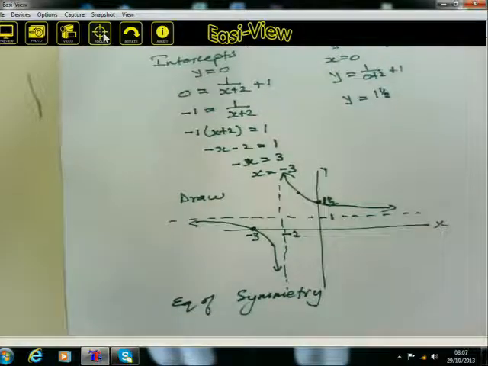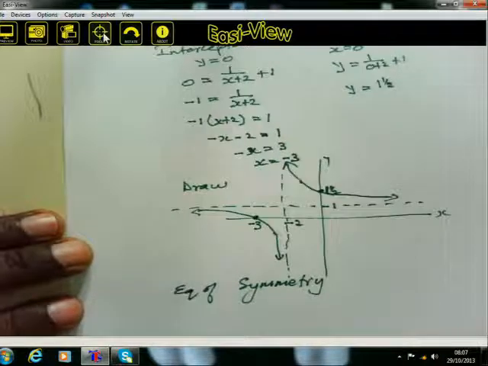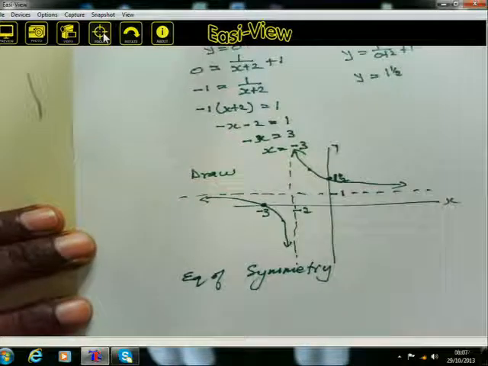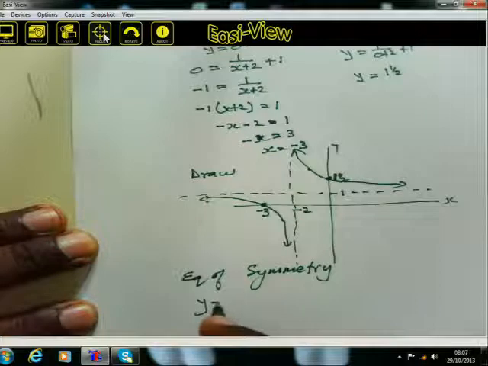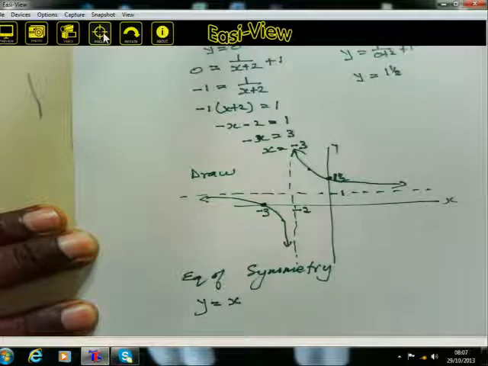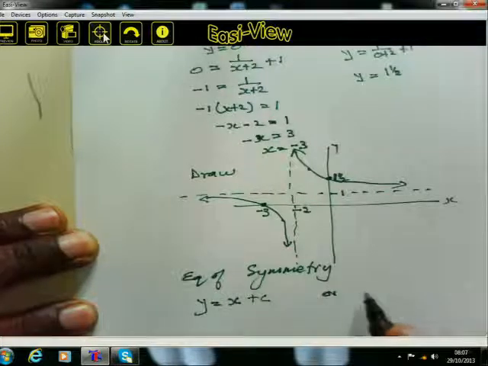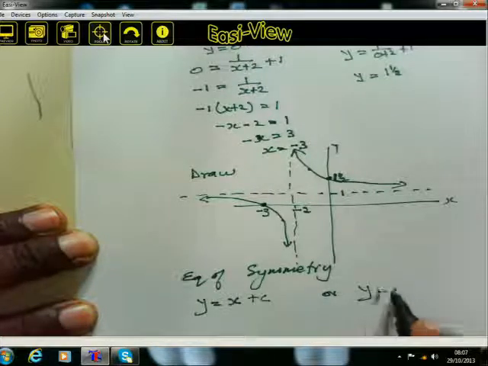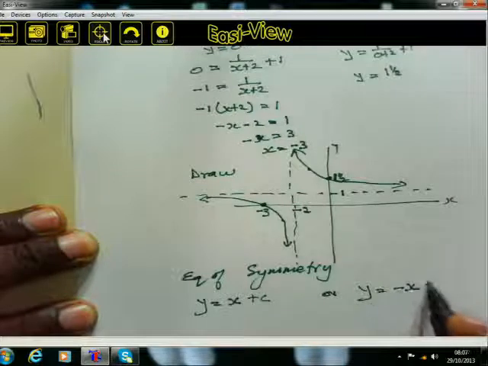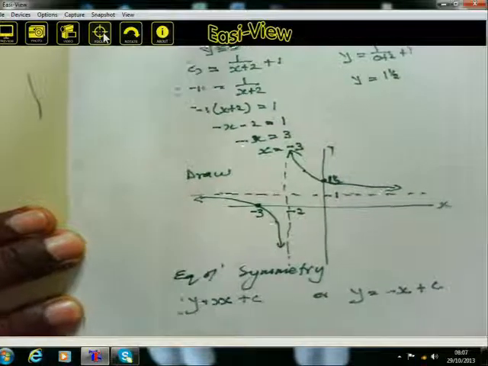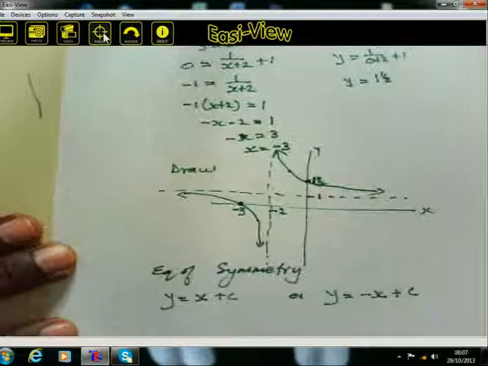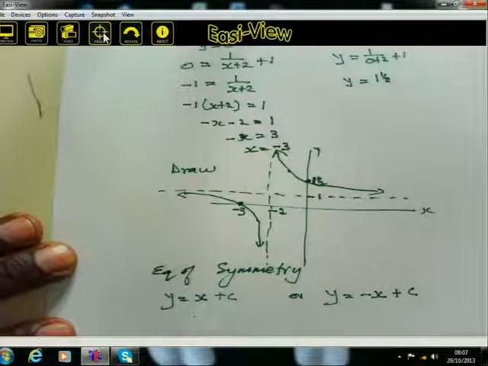The hyperbola is the only graph with 2 symmetries. It has the symmetry where the gradient is positive, or the other one where the gradient is negative.